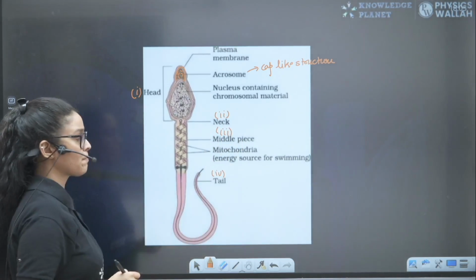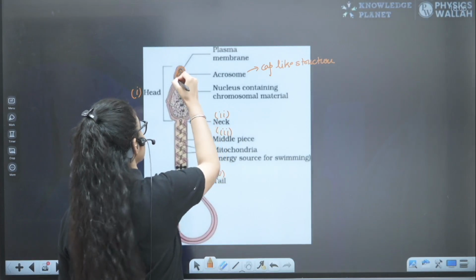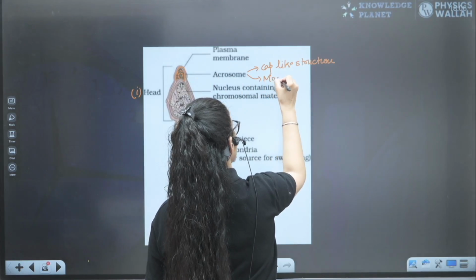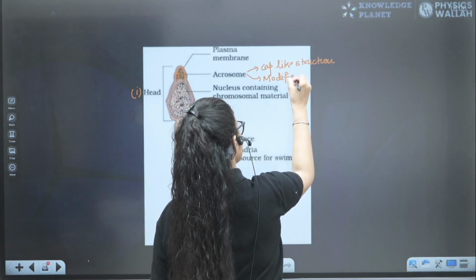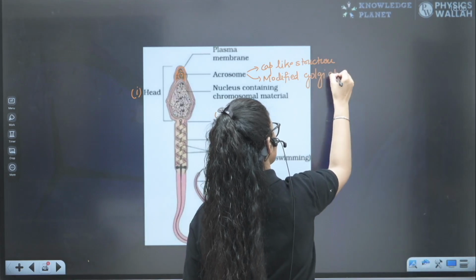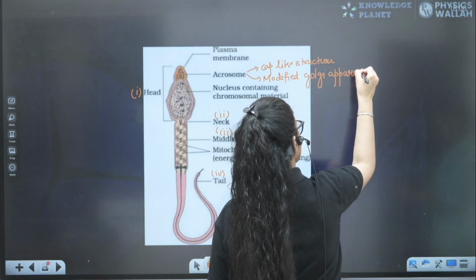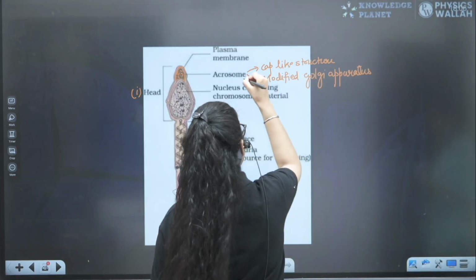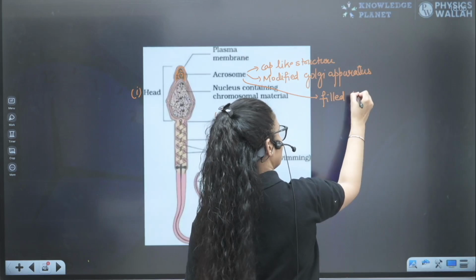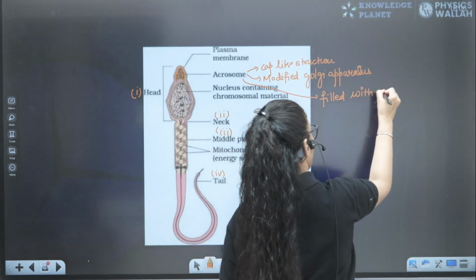So these four parts are present in the sperm, and the head is covered with the acrosome, a cap-like structure, which is the modified Golgi apparatus. It's a neat question: modified Golgi. It is filled with the sperm lysin enzyme. What is the purpose of sperm lysin enzyme?